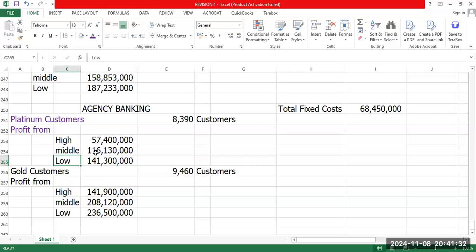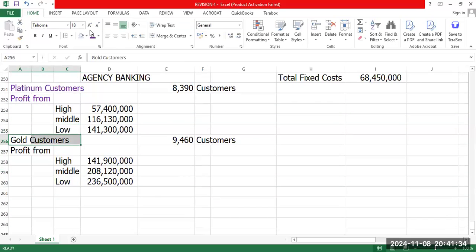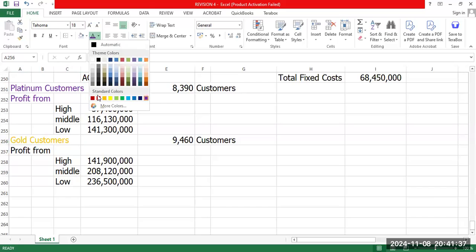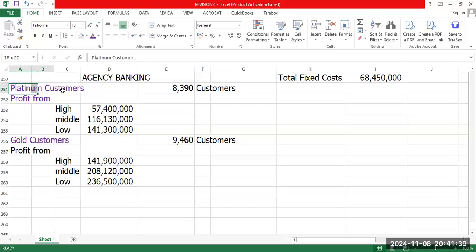We are done. We know the profit. Have you subtracted the fixed costs?